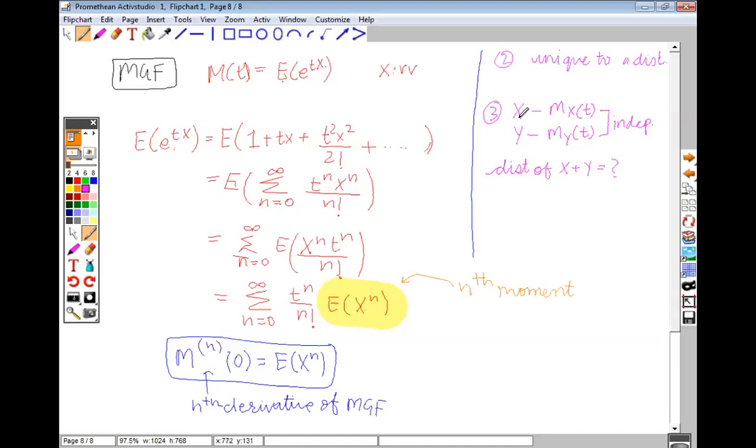So I know the distribution of x, and I know the distribution of y, because I know the MGFs and that MGFs are unique to each distribution. But now I want to figure out the distribution of x plus y. Multiply them. Multiply what? MXt and MYt. Exactly right. And what will I get if I multiply MXt and MYt?